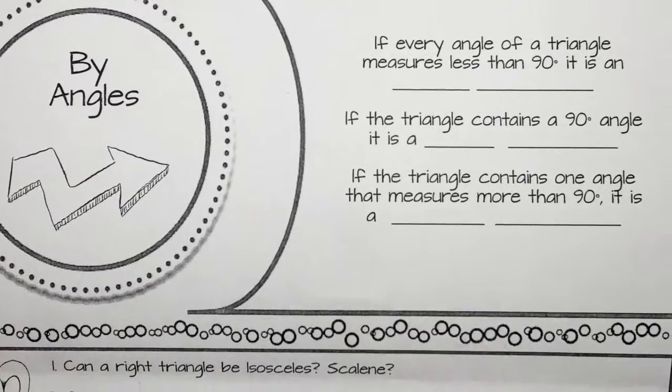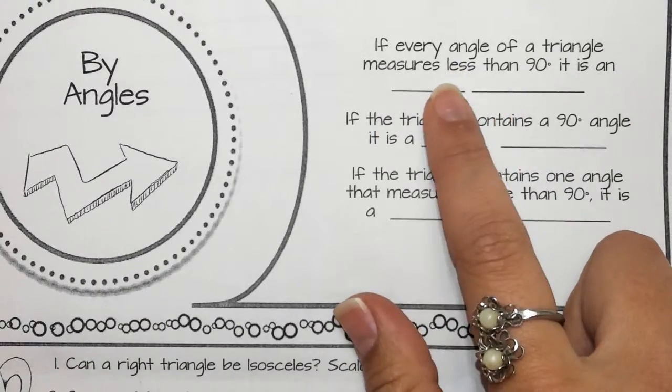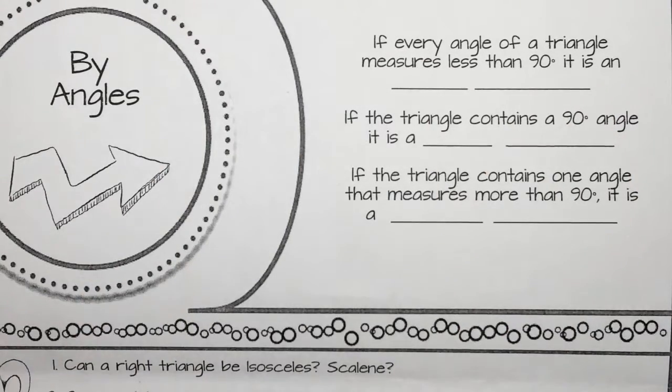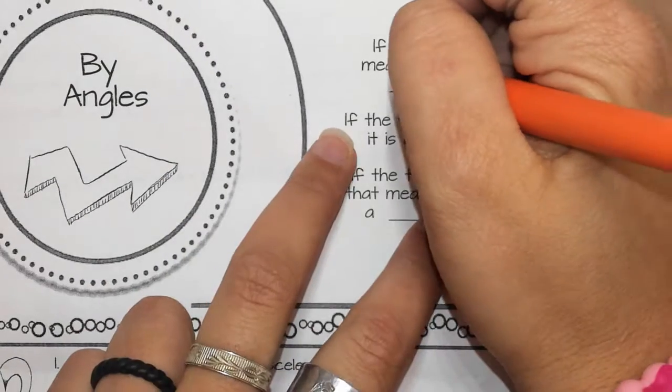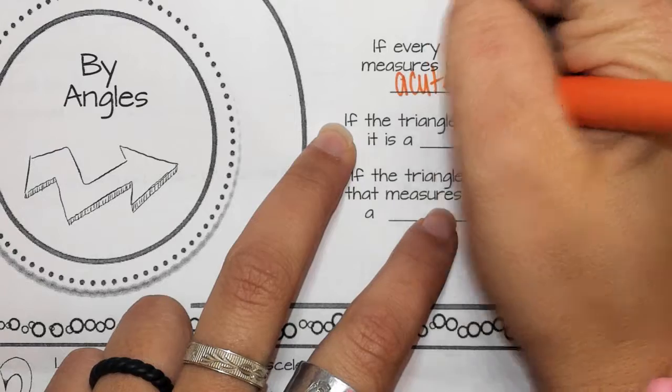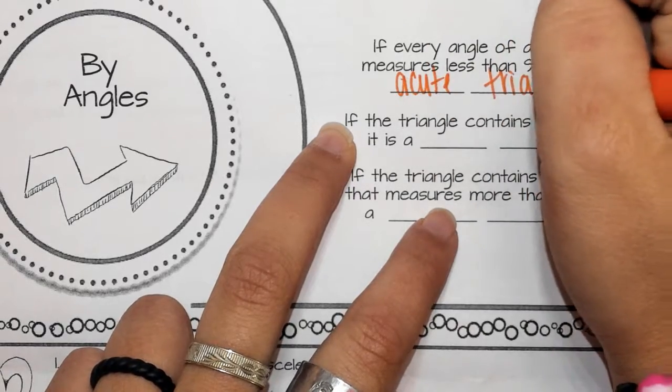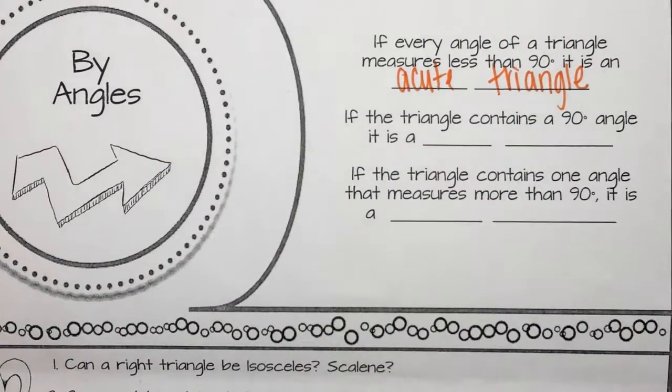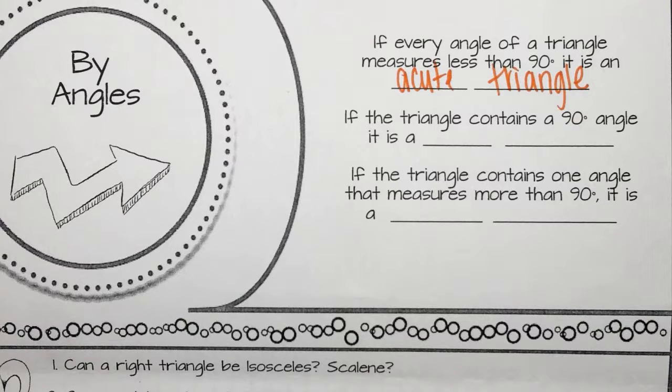We could do that. All right, so if every angle of a triangle measures less than 90 degrees, it is an acute triangle. And we're going to draw an example. You might need a straight edge today, just to let y'all know.